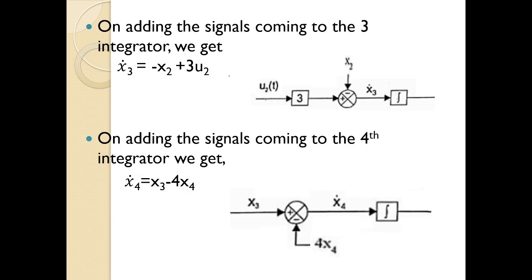Okay, similarly now I want to determine x3 dot. So x3 dot is equal to, this is the summing point, here input to it is x2 and 3u2. Here minus is there, therefore minus x2 plus 3u2 of t. I have not written t here, it's okay. If you want you can write u2 of t.